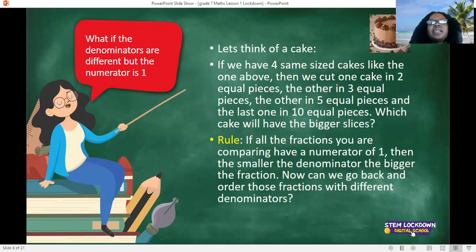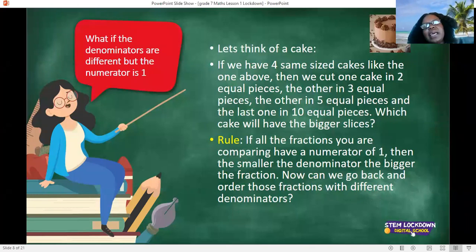Okay, so now let's think of a cake. I've given you a nice picture of a cake there. So if we have 4 same-sized cakes, like the one above, and we cut one cake into 2 equal pieces, we cut another into 3 equal pieces, another into 5 equal pieces, and the last one we cut into 10 equal pieces.